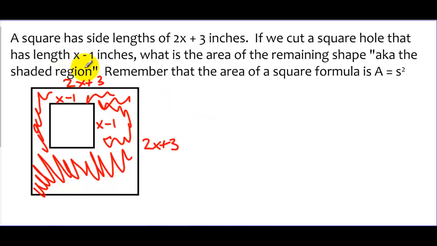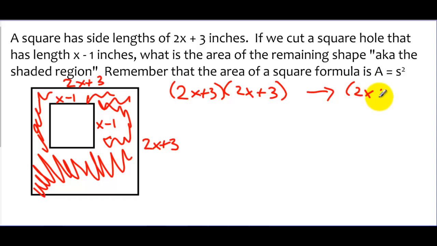So for a problem like this, really what you need to do is find the area of the big square. Well, we can do that just by doing (2x + 3) times (2x + 3). Remember, the area of a square is side squared. That's the same thing as just saying (2x + 3)^2. So you may see it represented like this, but for our purposes, we can just multiply them together.